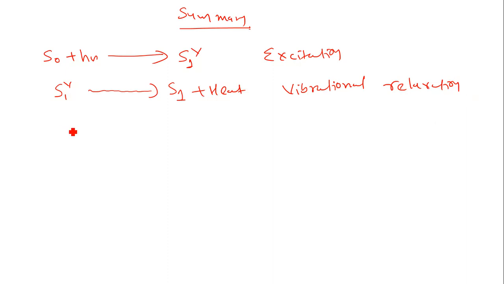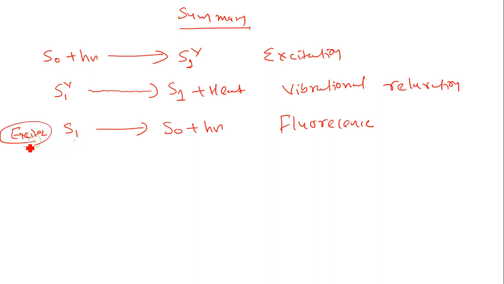Now this S1 state again comes back to the S0 state by giving h nu, then it is known as fluorescence. What is fluorescence? Emission of a photon from the excited state to the ground state without changing the multiplicity is known as fluorescence.